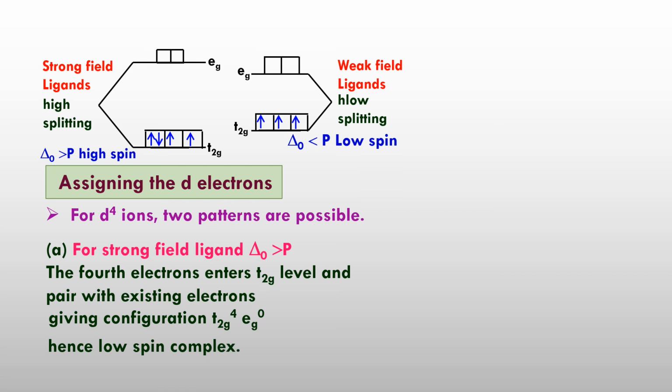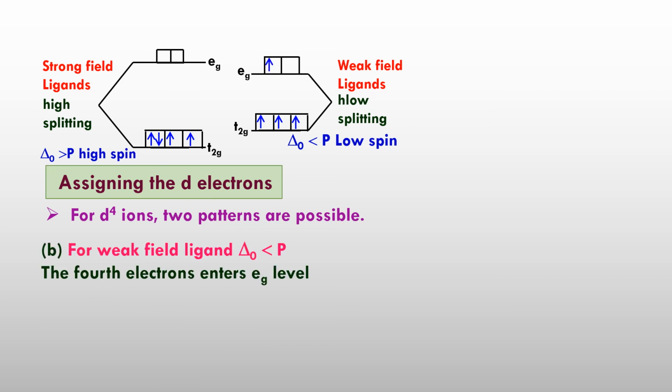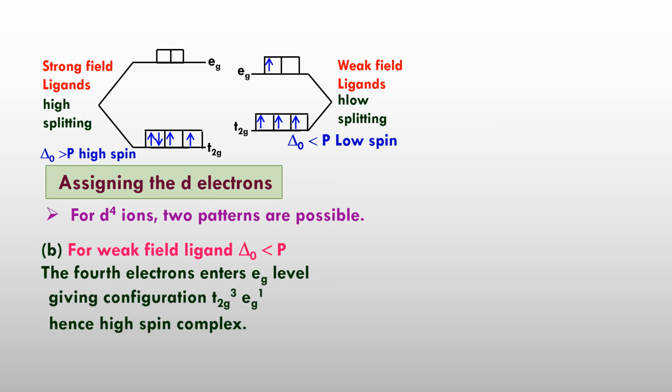So for a d4 electron system, t2g4 means all 4 electrons are present in t2g, paired here. But if a weak field ligand is present, then t2g3 and in eg 1 electron. You can see t2g3 and eg 1 electron. And a weak field ligand gives high spin, a strong field ligand gives low spin.